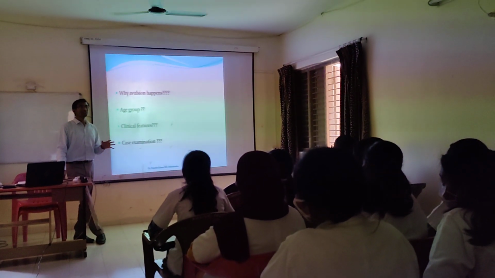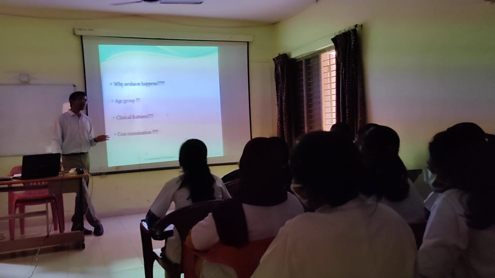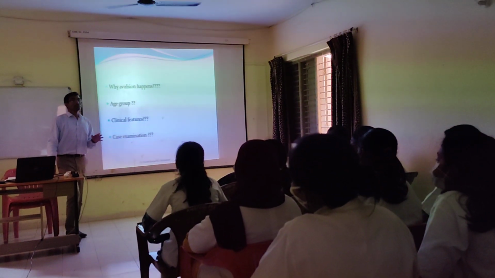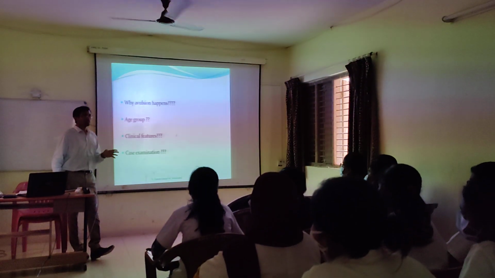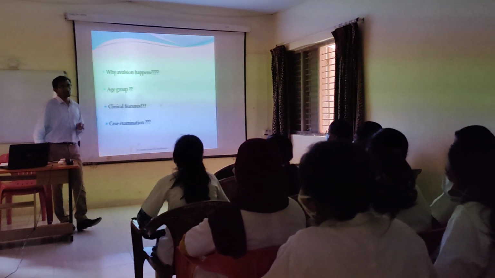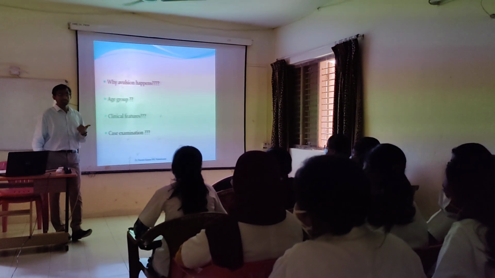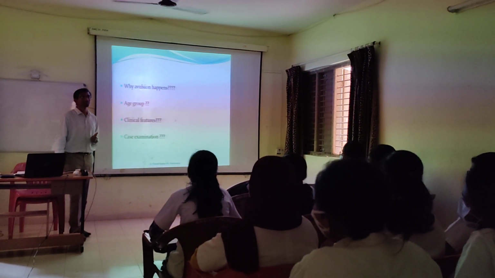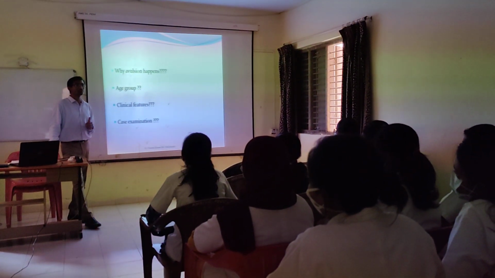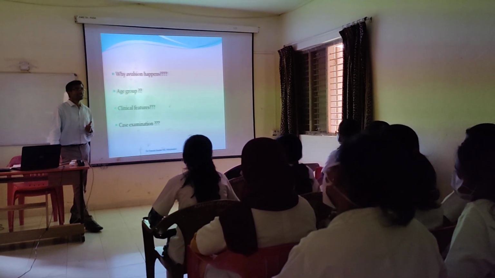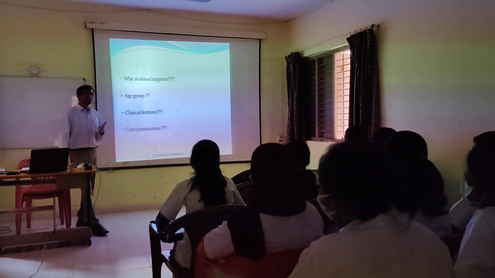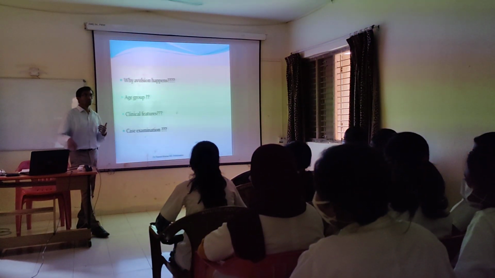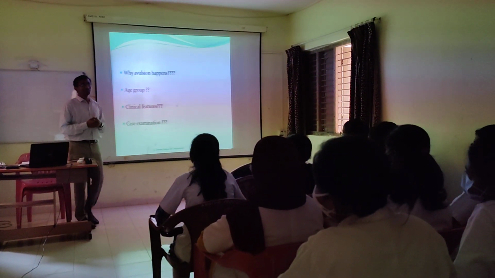At a certain age, children are quite active. Yes, I agree with that. But what I am asking is why it is more common in the younger population than the older population. That may be one of the reasons. Any other reason? You can sit and answer, no need to stand. Think. The tooth has to just come out.